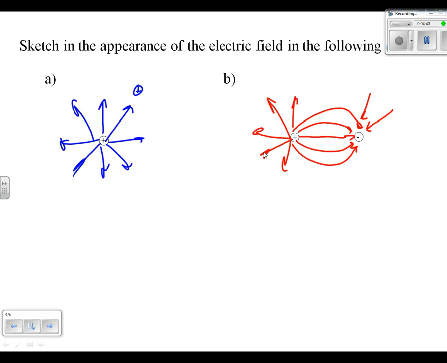Well, mine's not very nice. No, these drawings. Yeah. I'm just saying they don't have arrows.